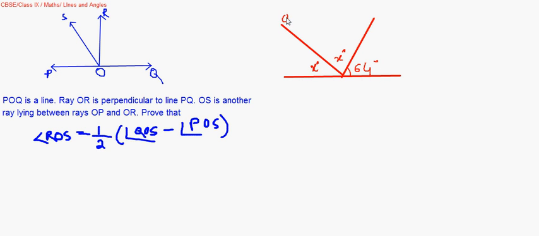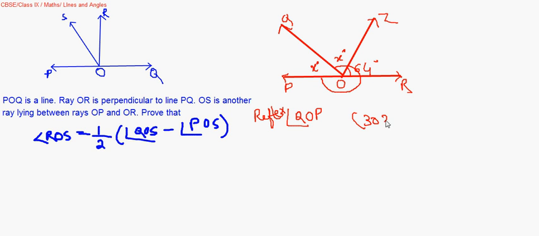This is Q, that's Z, P, R, any name, O. You have to find the measurement of this Q, O, P, reflex of QOP. That means you have to find the measurement of this angle. That's your question. I can give you the answer for your rechecking. That will be 302 degrees.